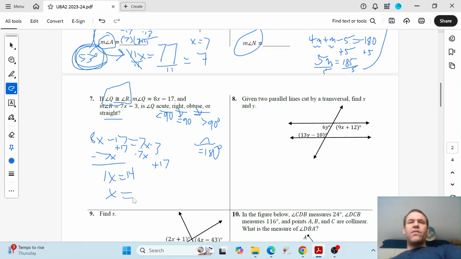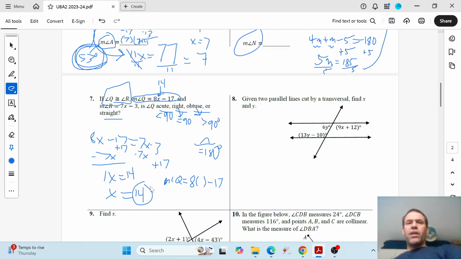And then, let's see. So we're looking at angle Q now. We're going to go ahead and plug 14 in there for x. So what is the measure of angle Q? The measure of angle Q is 8x minus 17.